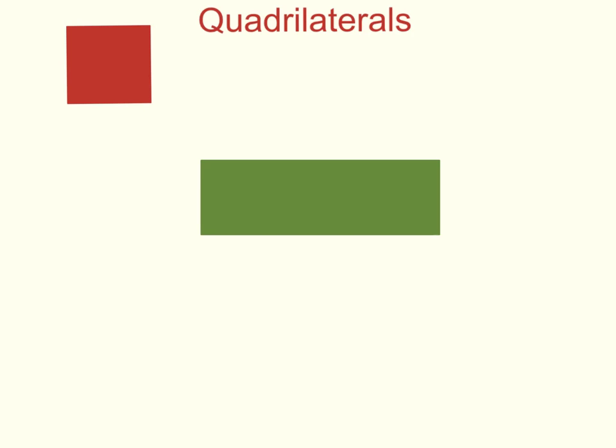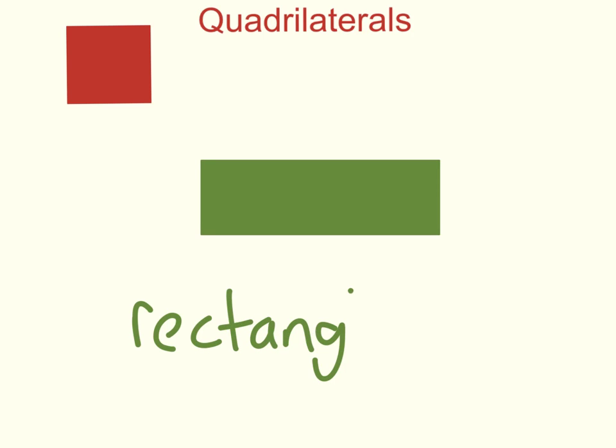All right. The next one we're going to learn about is called a rectangle. That's another quadrilateral because it has four sides. So what makes a rectangle special? Well, it has equal length sides there and a second set of equal length sides. So a rectangle has two sets of equal length sides.